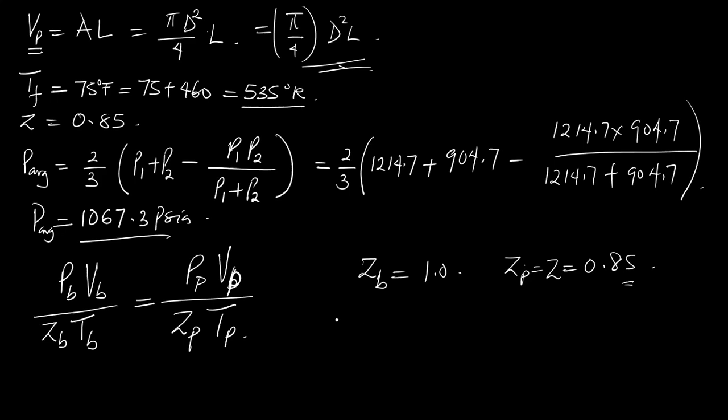And the VP is pi divided by 4 times d square L. Now we are good to go. What we are asked to calculate is this. Now let's make V subscript B the subject of formula.